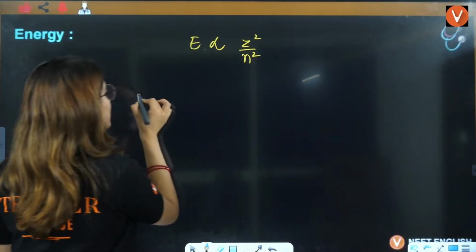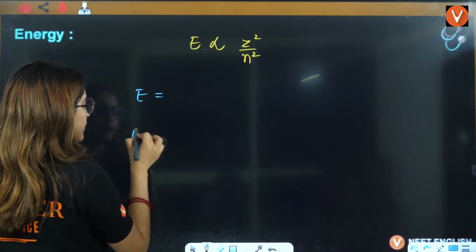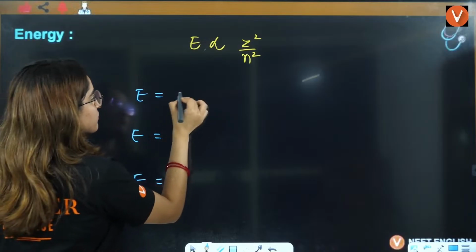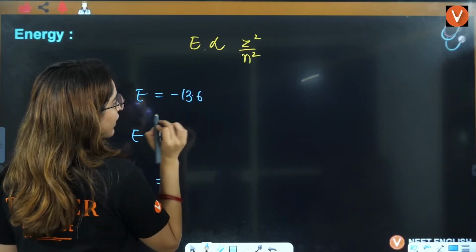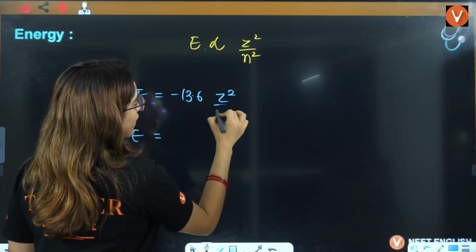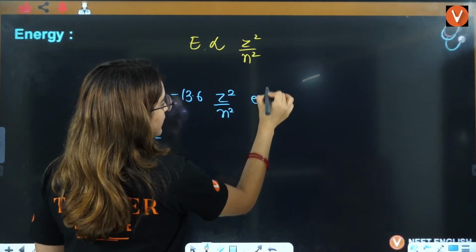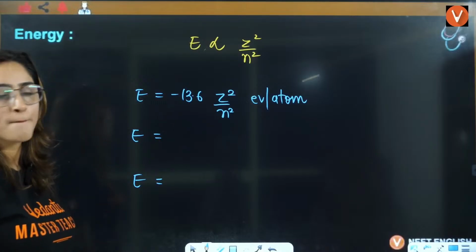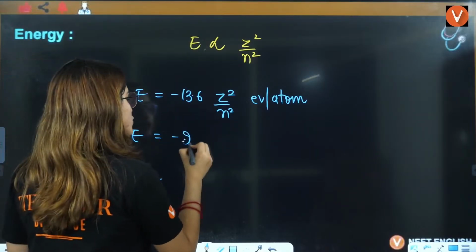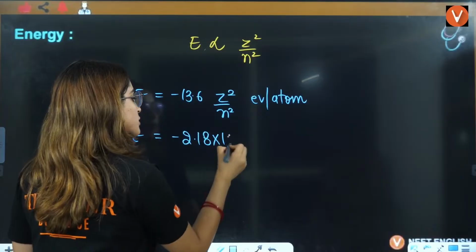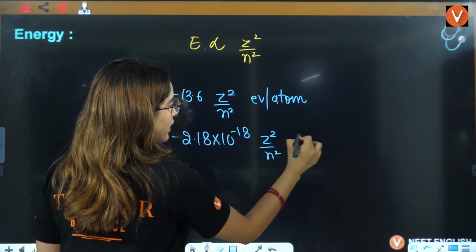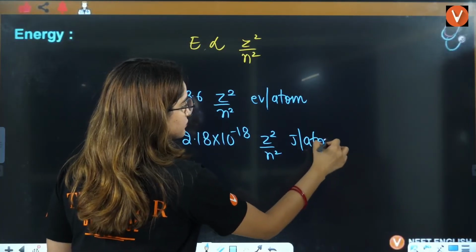Next are the formulas in different units. Minus 13.6 z square by n square electron volt per atom, right? Now, minus 2.18 into 10 raised to power minus 18 z square by n square joule per atom.